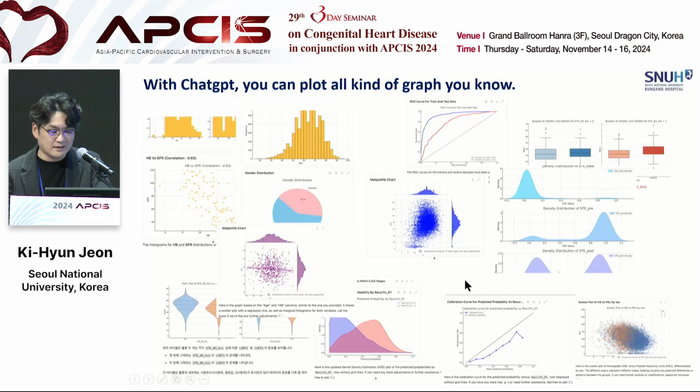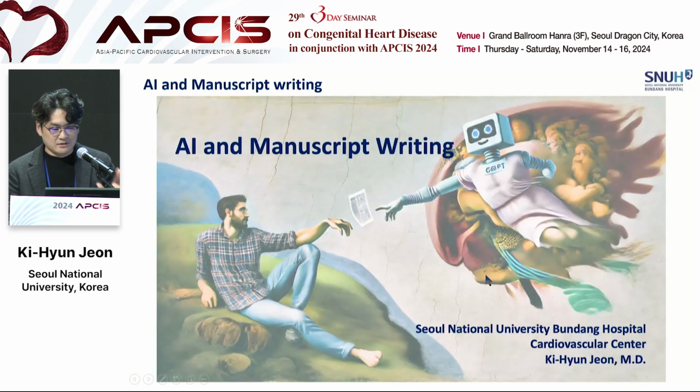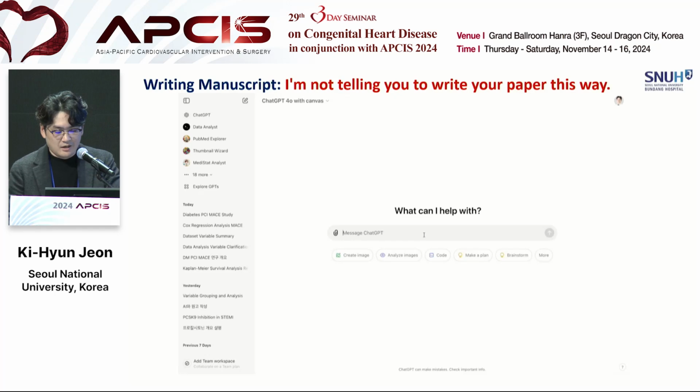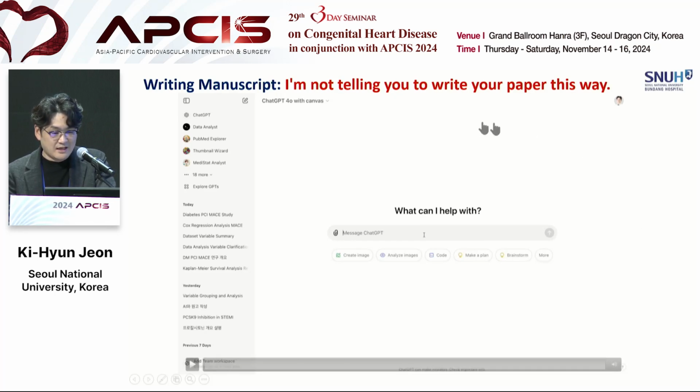And the next one is manuscript writing using AI tools. So I know that there's a lot of debate around using GPTs for manuscript writing. So that's why I always say I'm not telling you to write your paper this way. Okay. The recently released GPT Canvas is very specialized for writing.